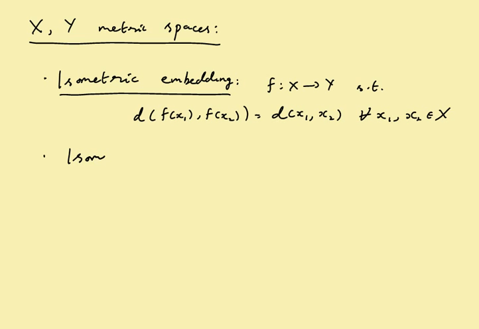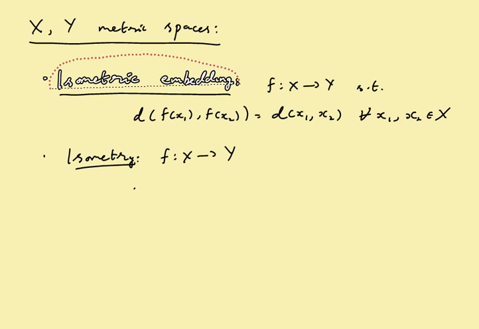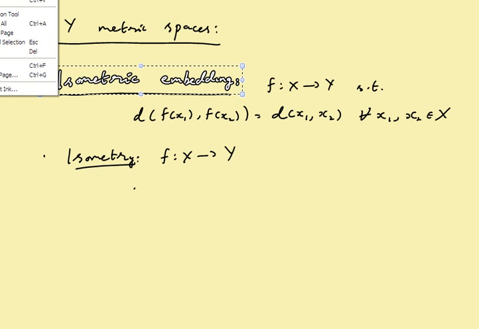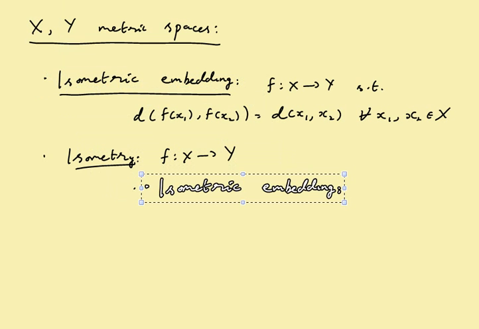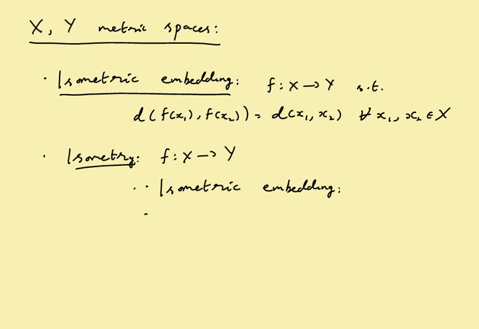And what is an isometry? An isometry from x to y is first of all an isometric embedding, and it's also onto.